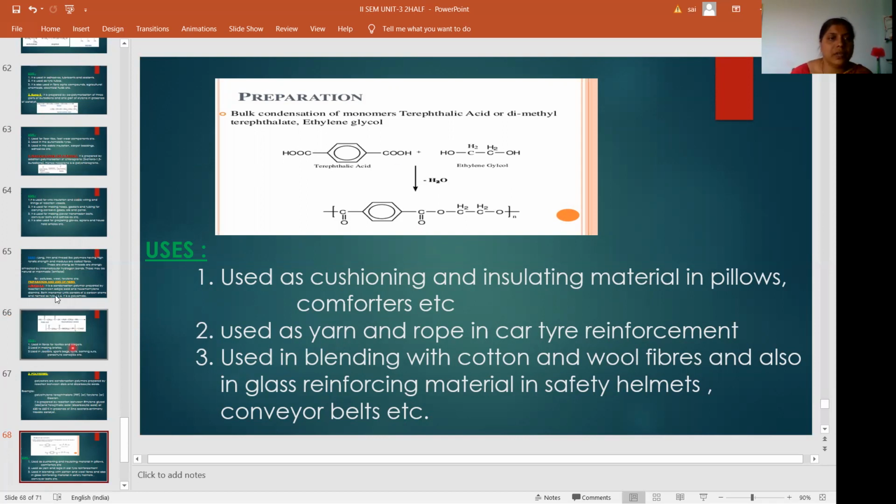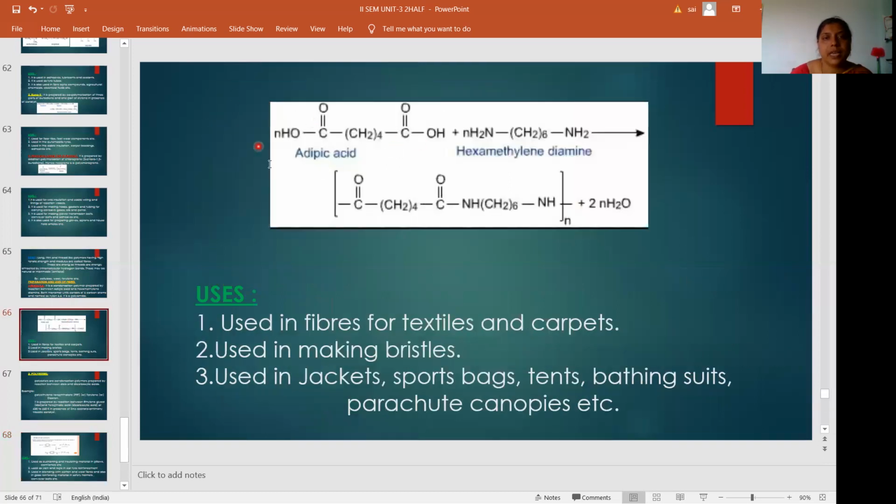The first one we already studied in condensation polymerization. This is adipic acid. Adipic acid means dicarboxylic acid, COOH, CH2 taken 4 times, COOH. And hexamethylene diamine: if you know the name, by this name you can write this equation. NH2, CH2 6 times, NH2. So 6 methylene, CH2 is the methylene group, NH2, NH2. Here remove the water molecules, you'll get Nylon 6,6.